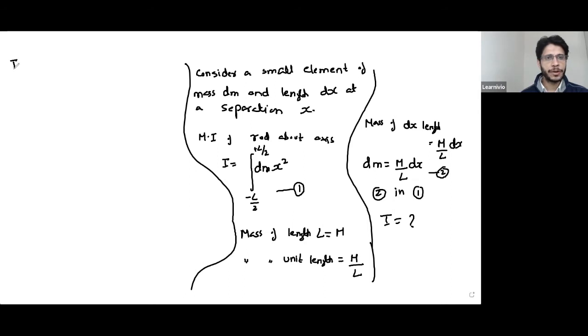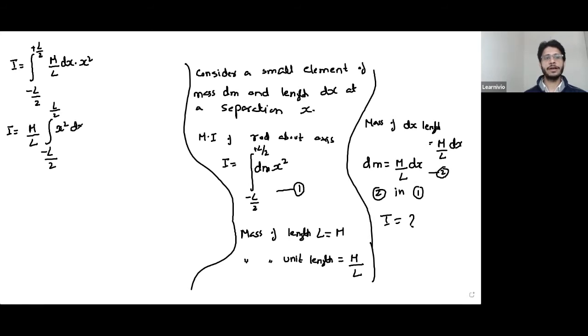Then the expression of moment of inertia will come out to be the integral from minus L by 2 to plus L by 2 of dm x square. Your dm is m by L dx multiplied by x square. You can take this m by L outside your integral, and you are left with just the integral from minus L by 2 to plus L by 2 of x square dx.